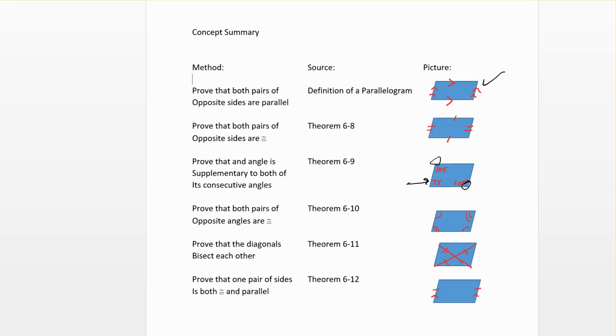And then finally, to prove that one pair of sides is both congruent and parallel, the picture has hash marks to show that the two sides are congruent, and arrows to show that the two sides are parallel. So if you're going to put anything in your notes, this would be a good thing to put in your notes. There's also a picture of it in your book on page 371.